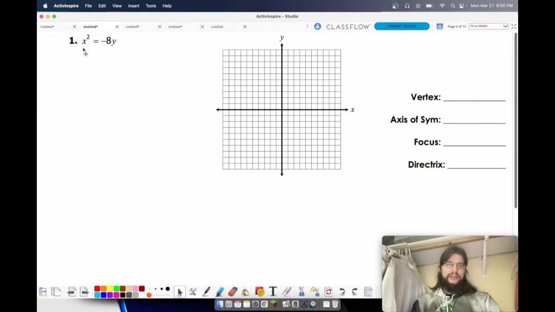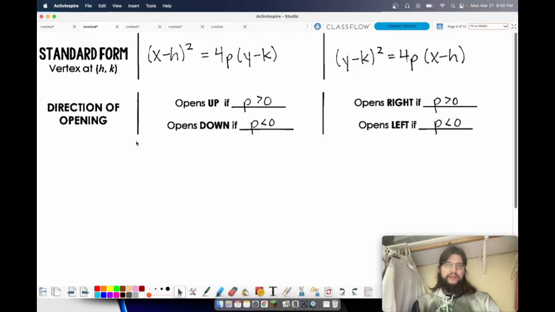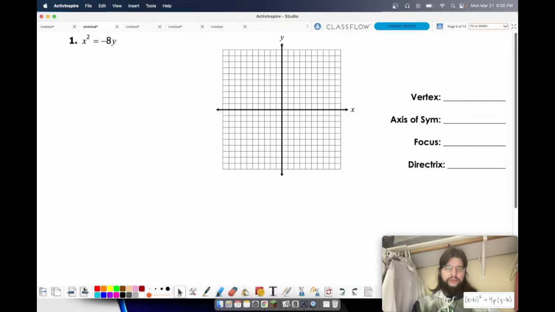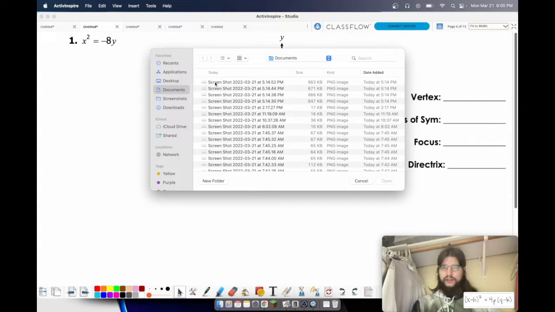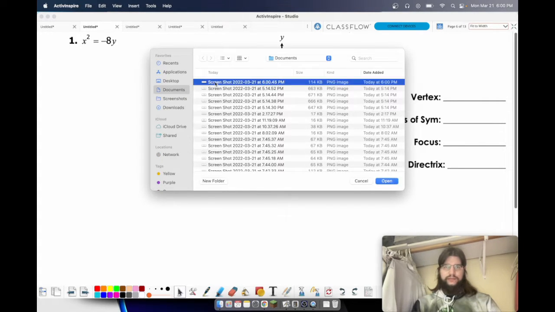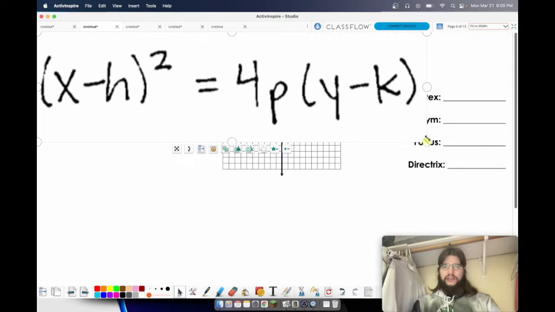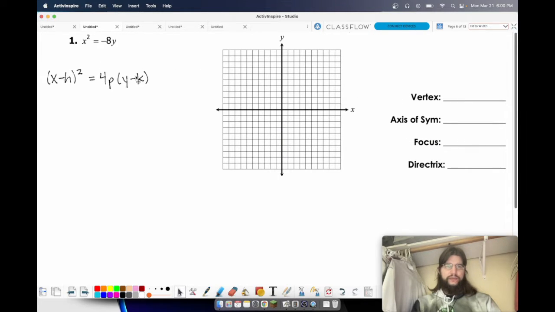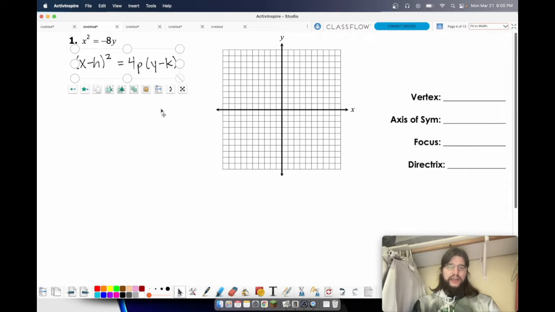Number one, x is being squared, so it's going to be a vertical parabola. So let's just compare this equation. There it is. So here's my equation. h, k, that's easy enough.